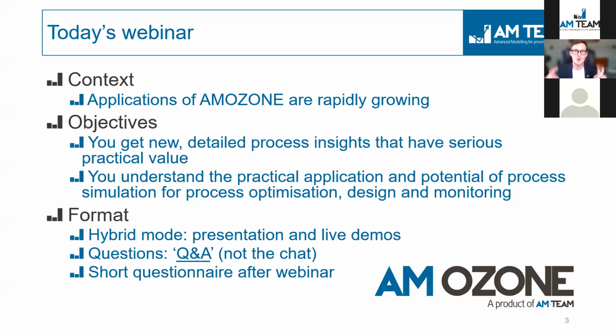Well, we want you to go home, or virtually go home, let's say, with a lot of new detailed process insights that are directly practically applicable for you. And second, we also want you to understand the practical application potential of process simulation because it's largely unknown in the ozonation or advanced oxidation fields.